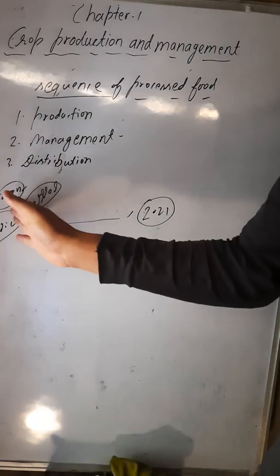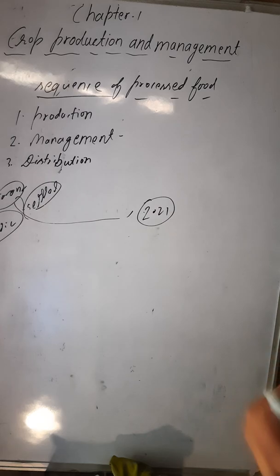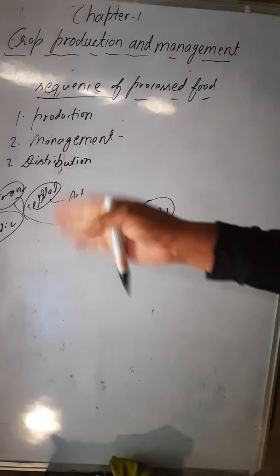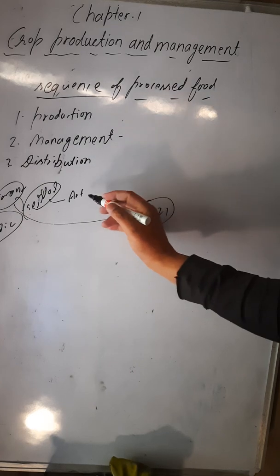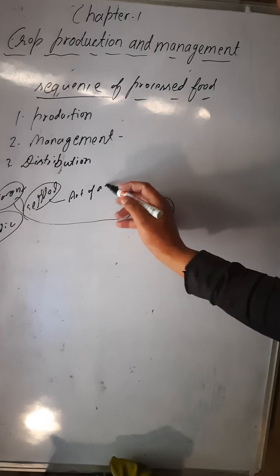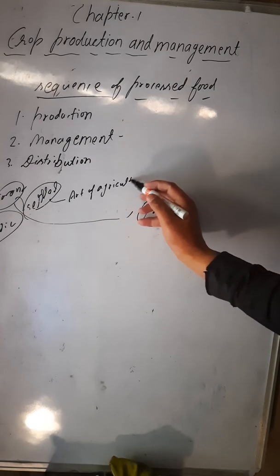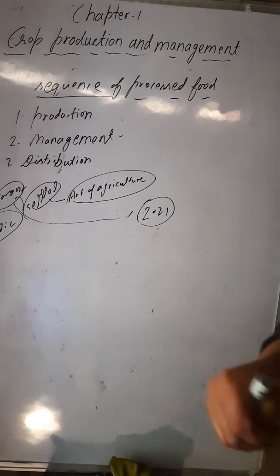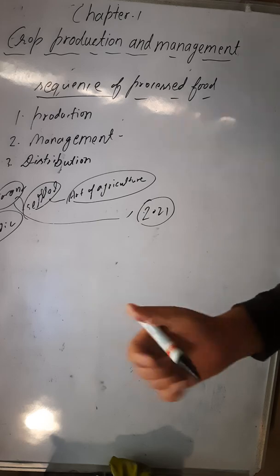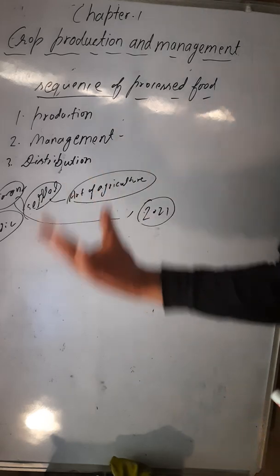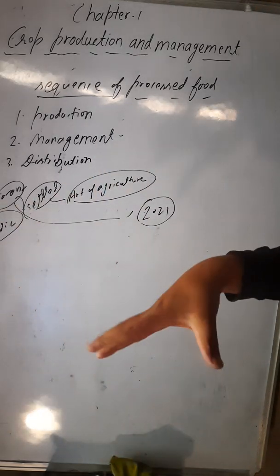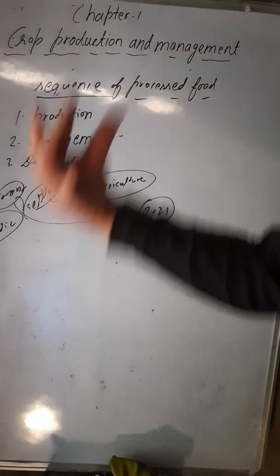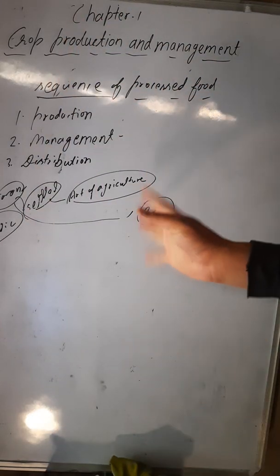So when the art of agriculture came, people started the production of wheat, rice, etc. These kinds of grains people started to produce. Are you getting this? This we have to know.